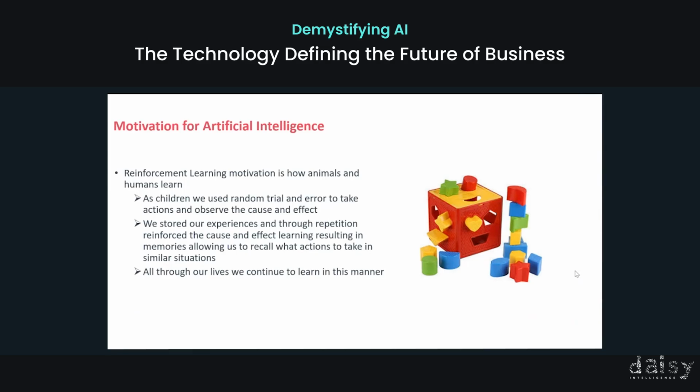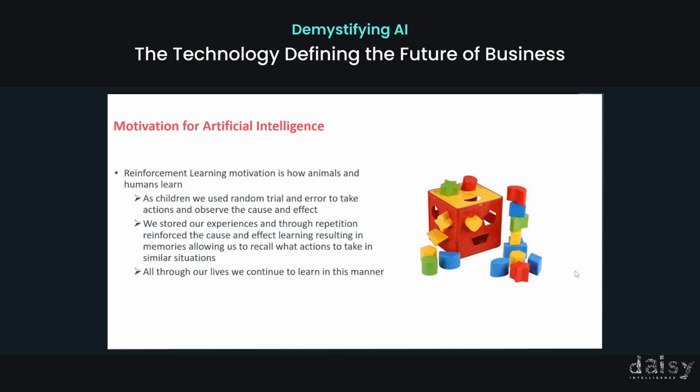No. And through random trial and error, you would get the right shaped block in the right shaped hole. As children you observe the cause and effect, and you do that over and over again. The first time you did it successfully, the second time you wouldn't necessarily do it successfully again. You would iterate more and more, and you would store these experiences, so your learning would reinforce your past experience, that cause and effect.